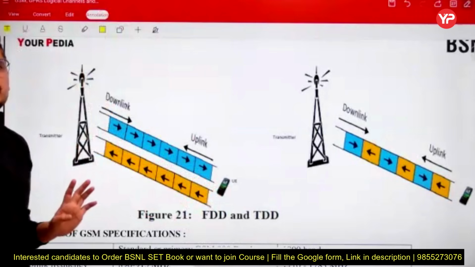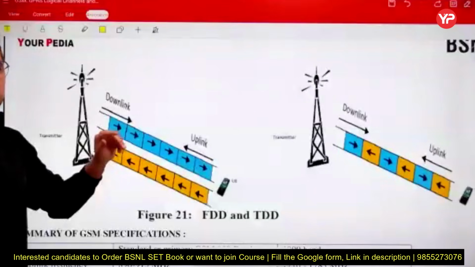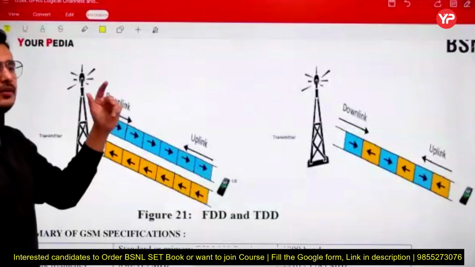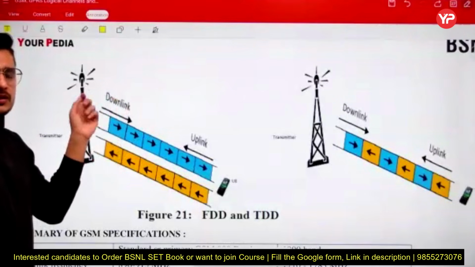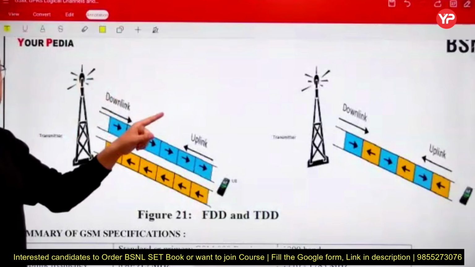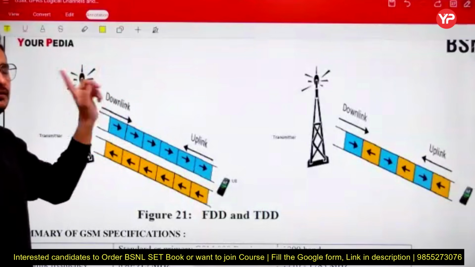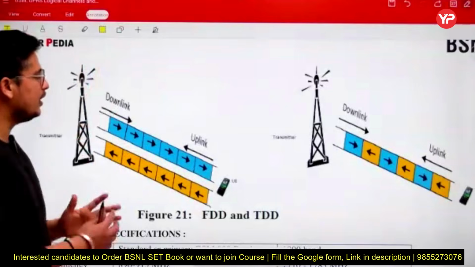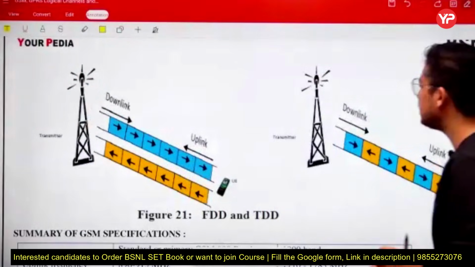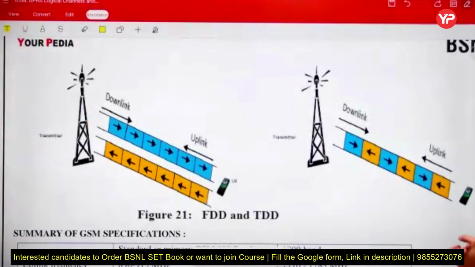We studied in the initial cases that each channel has two different channels, uplink and downlink, to transmit the information from mobile station to tower and tower to mobile station. But in time division duplexing, what do we do?